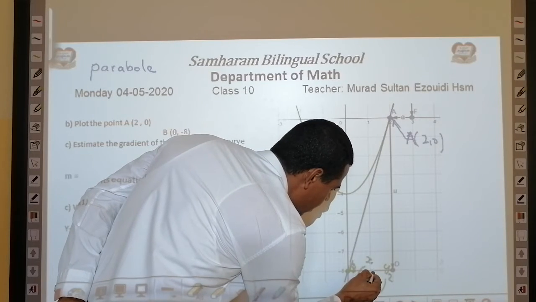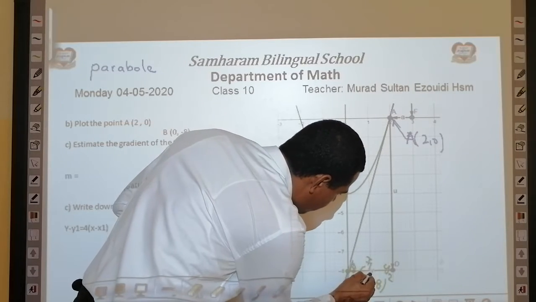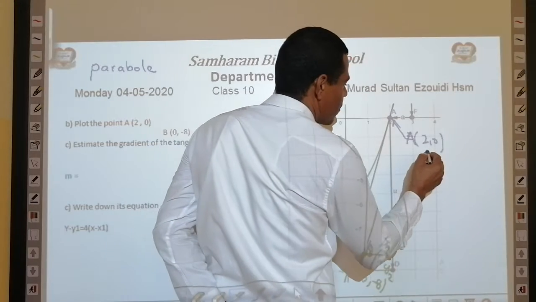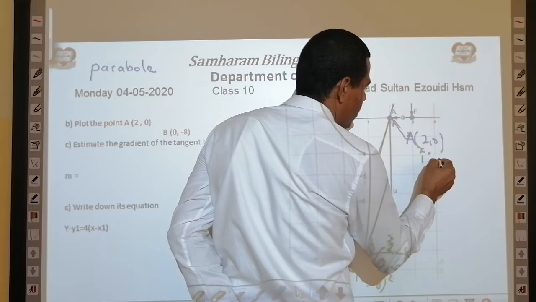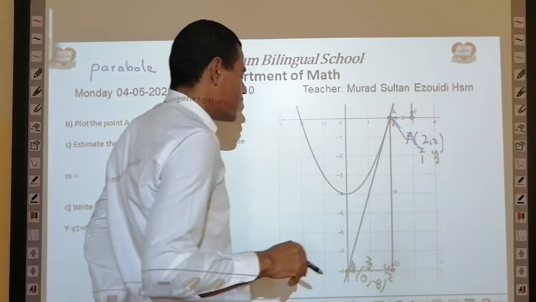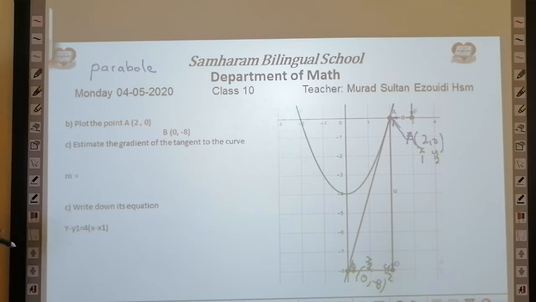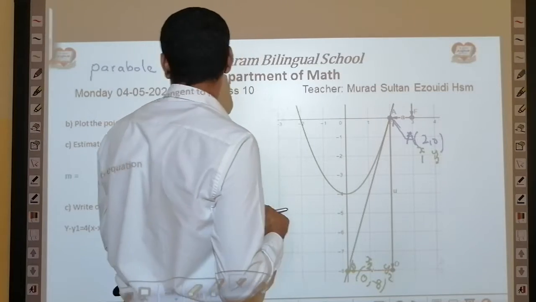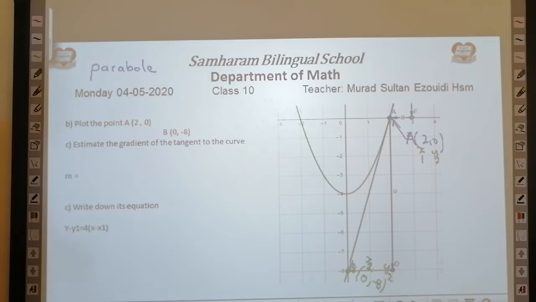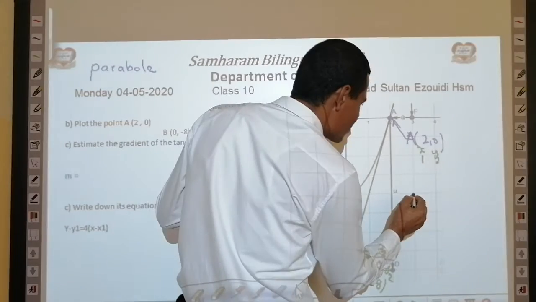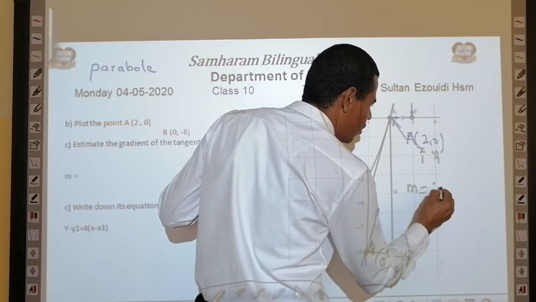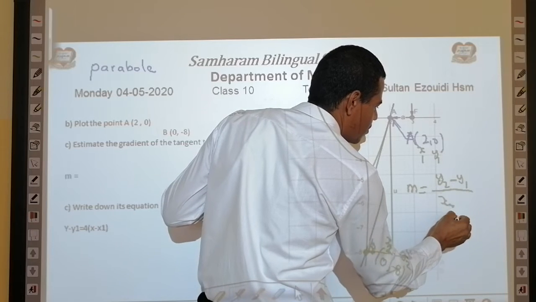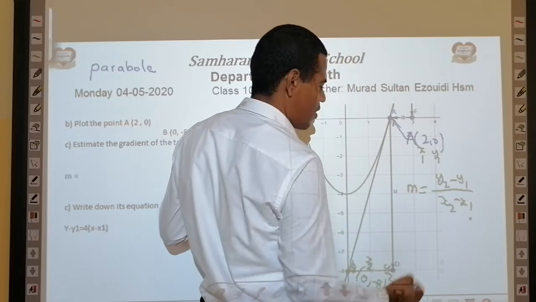This is y2 and this is x2. It means that x2 equals 0 and y2 equals -8. And this one is x1 and this is y1. So you are going to calculate the gradient of the tangent to the parabola. We write m equals y2 minus y1 divided by x2 minus x1.